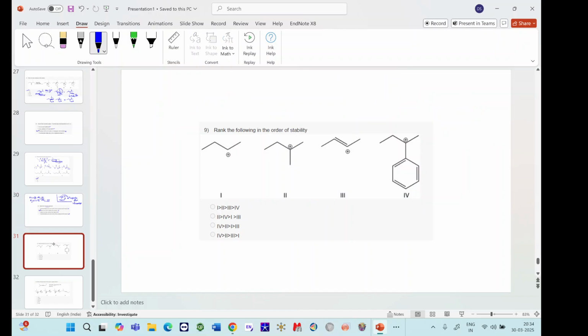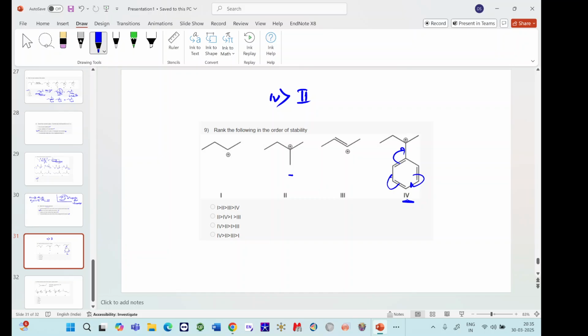Now rank the following in the order of stability. So here 4 will be much more stable, a benzylic carbocation, so this can take part in resonance, right? Therefore you have the 3-degree carbocation.